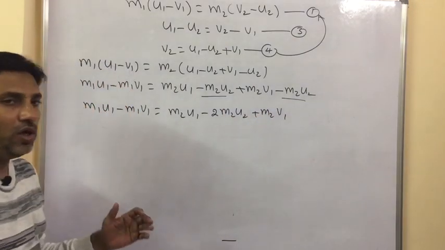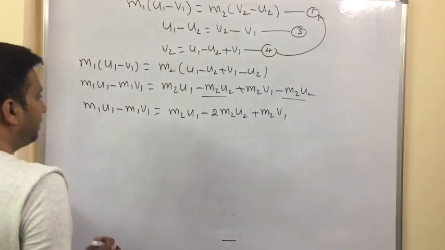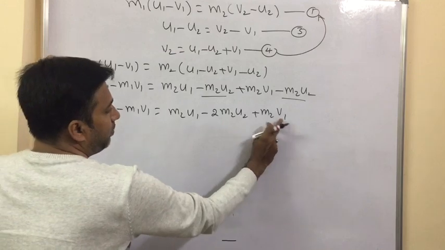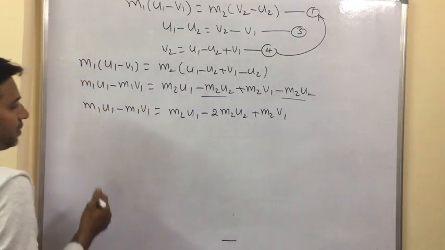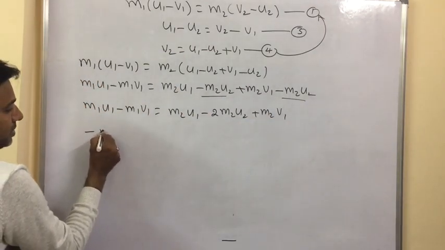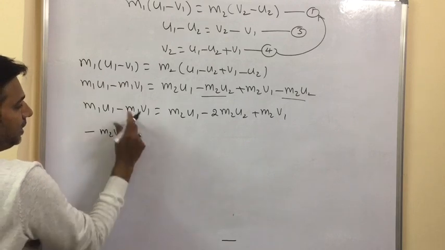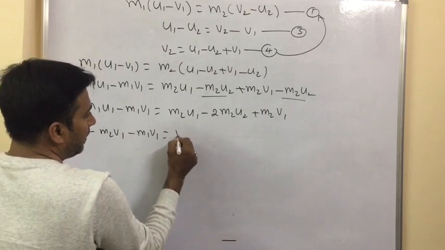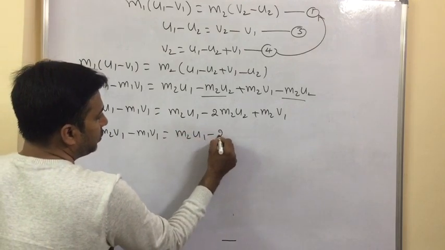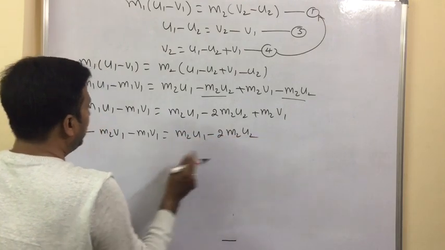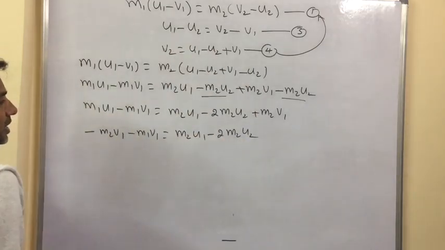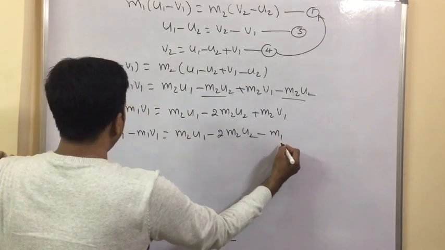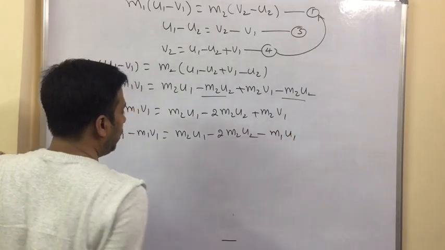Now bring all v1 terms to one side and the rest of the terms to the other side. Here plus m2v1 is there, so write it on the left side. It becomes minus m2v1, and this as it is, minus m1v1. This term as it is, m2u1 − 2m2u2. This term we take to the right side, so it becomes minus m1u1.